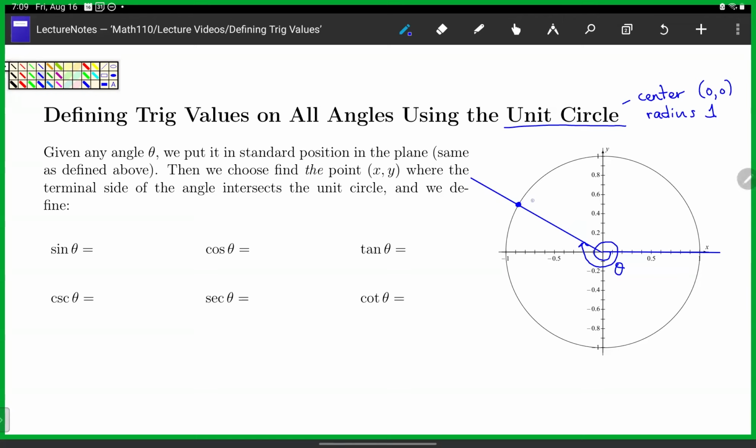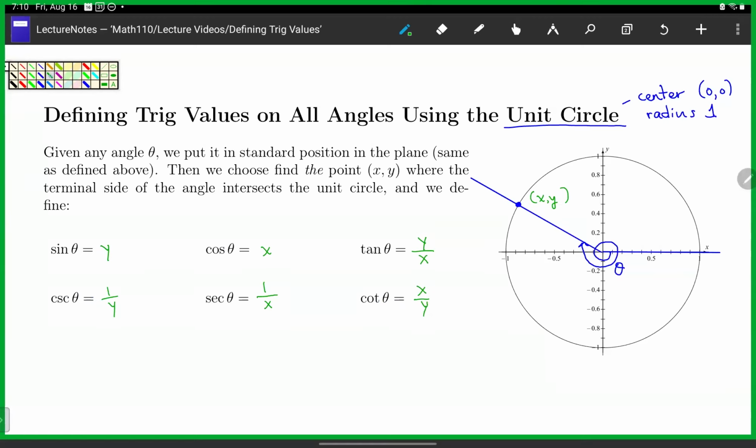So I'm going to take this point on the unit circle, and I'm going to define the sine of theta to be just the y-coordinate, the cosine is the x-coordinate, and the tangent is the y-coordinate divided by the x-coordinate. And again, these are the reciprocals. Cosecant is going to be 1 over y, secant is going to be 1 over x, and cotangent is going to be x over y.